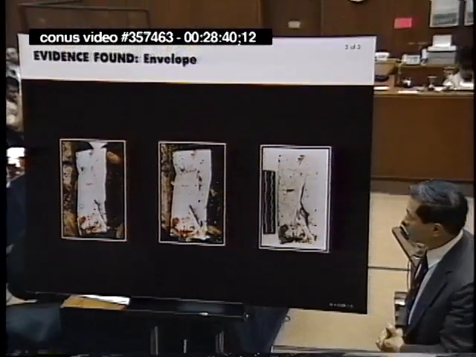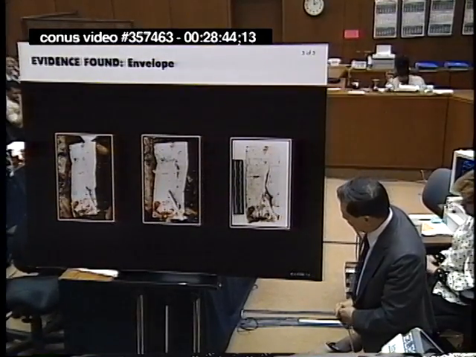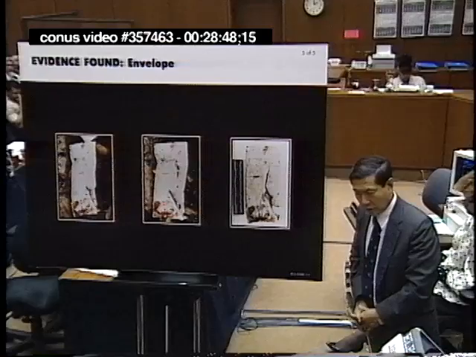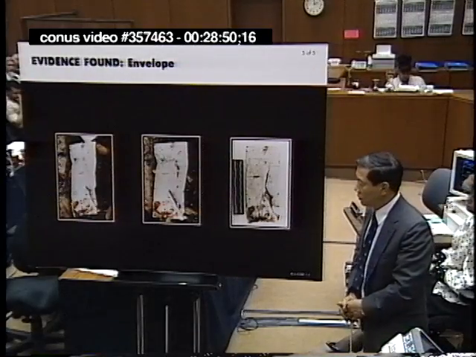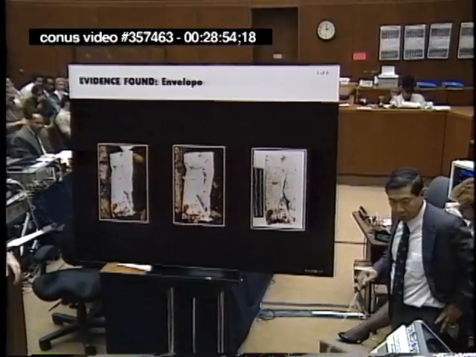Now, Dr. Lee, when you were discussing before the parallel line imprint pattern that we began with yesterday, is that visible in the position number 1 photograph? Yes.